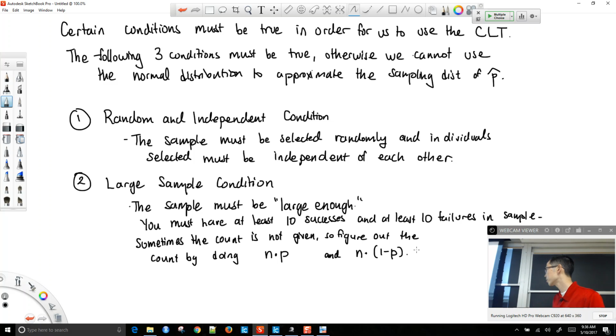That would give you your number of successes and number of failures. So that's the large sample condition. You need at least 10 successes and 10 failures.